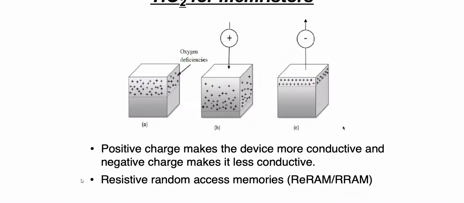However, due to a recent invention, using titanium oxide memristors, you have this very thin oxide. And if you have this very thin oxide, positive charge makes the device more conductive and negative charge makes it less conductive.